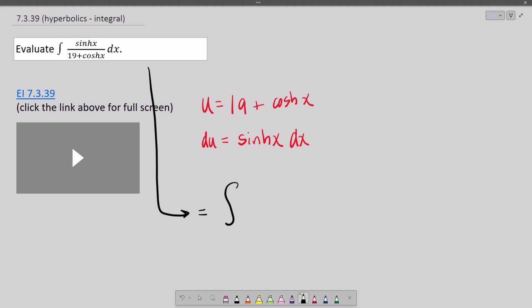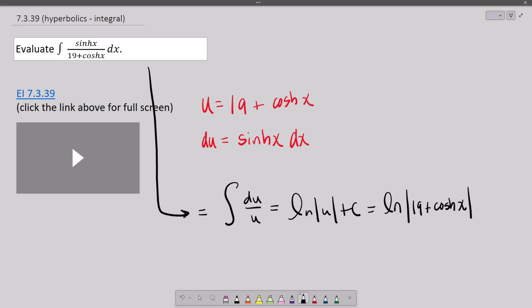The numerator, sinh times dx, that's du, and the denominator is u. So we get du over u, and the integral of that is natural log absolute u, which will be natural log absolute 19 plus cosh x, plus c.